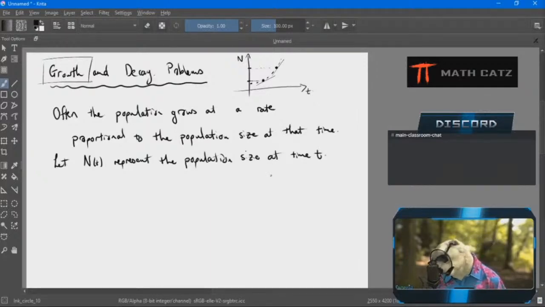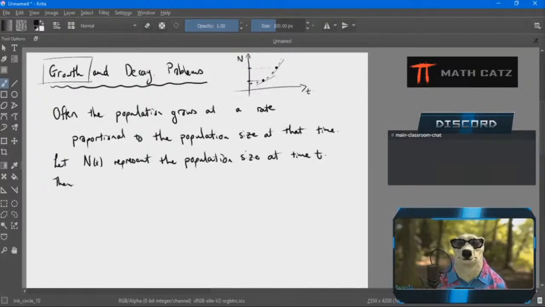Sometimes time is measured in seconds, sometimes in days, months, years, it doesn't matter. I would know beforehand what exactly the time unit is. N represents how many individuals there are, how much of the quantity, whatever I'm representing or measuring.